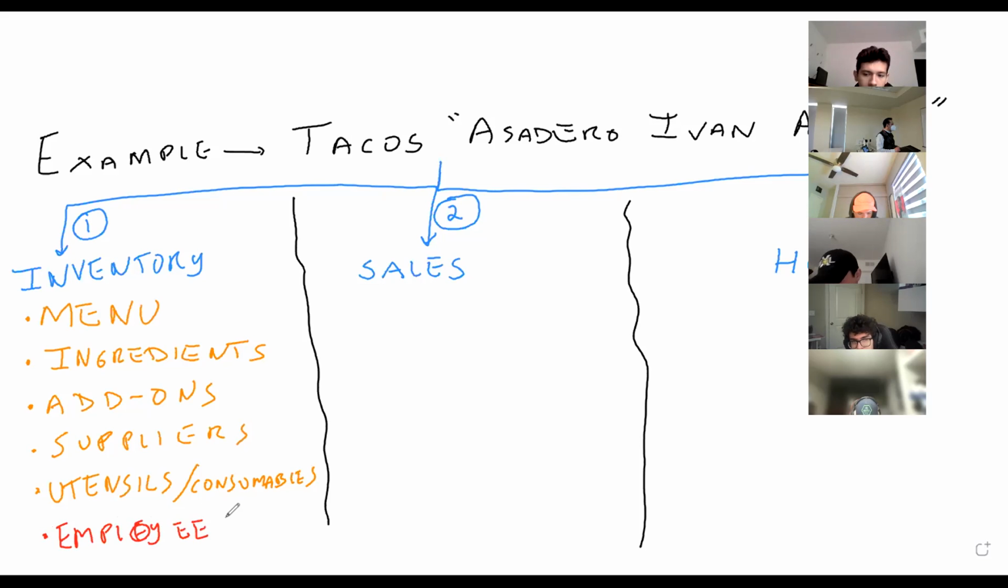What if they can be more than one part? Could you say that again? What if we can place them in more than one of the parts? In the locations, you mean? Like we have the inventory, the sales, and the HR. What if we can place them in all three of them? Well, that's the idea.